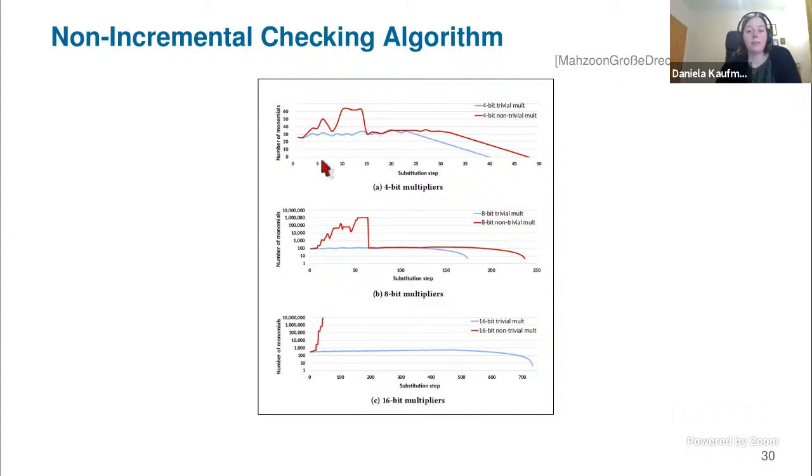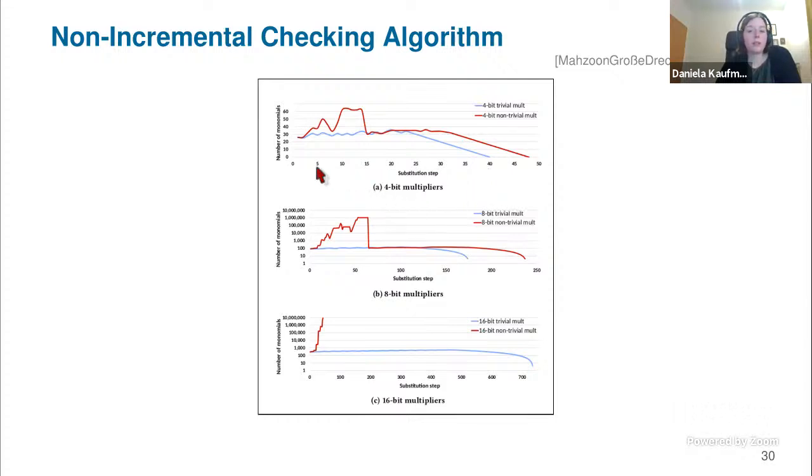They did this for 4-bit, 8-bit, and 16-bit multipliers. And we see for the simple multipliers, the monomial size stays quite constant before it finally reduces to 0.